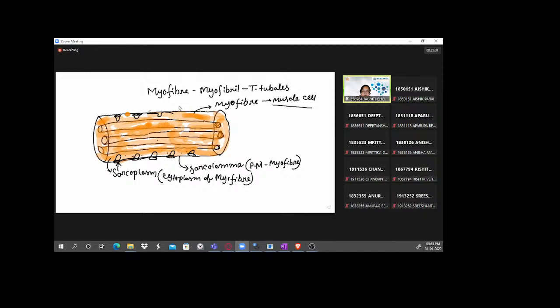The endoplasmic reticulum of the muscle cell is called the sarcoplasmic reticulum.